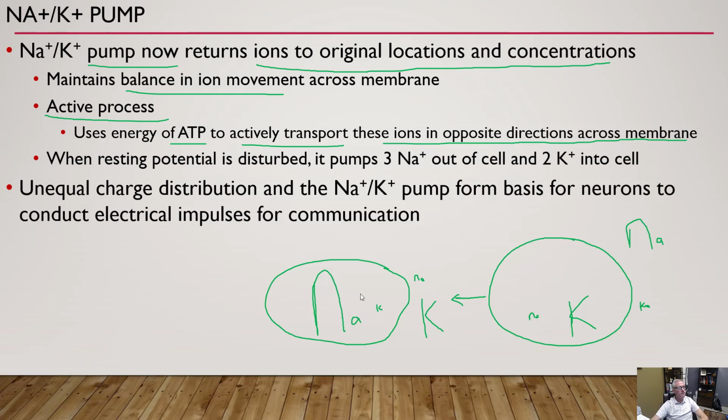So what it does is it will pump 3 sodiums out, and it will pump 2 potassiums into the cell. And once the sodium potassium pump does what it needs to do, our ending concentration will look like it originally did.